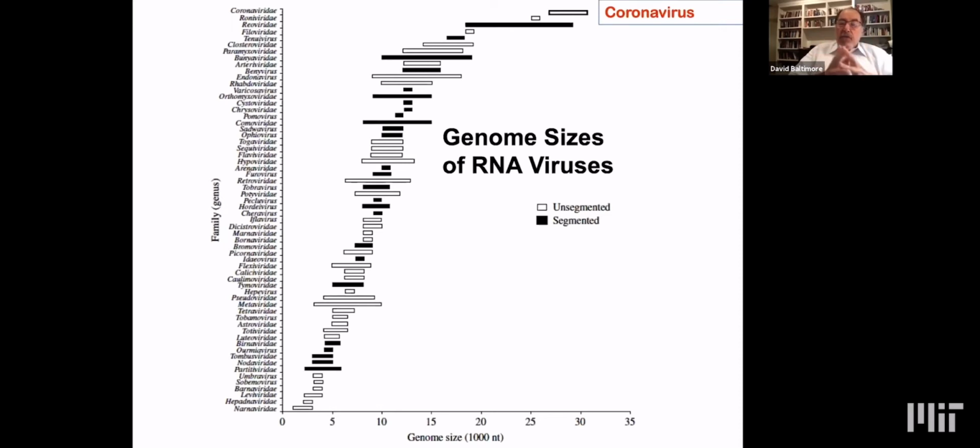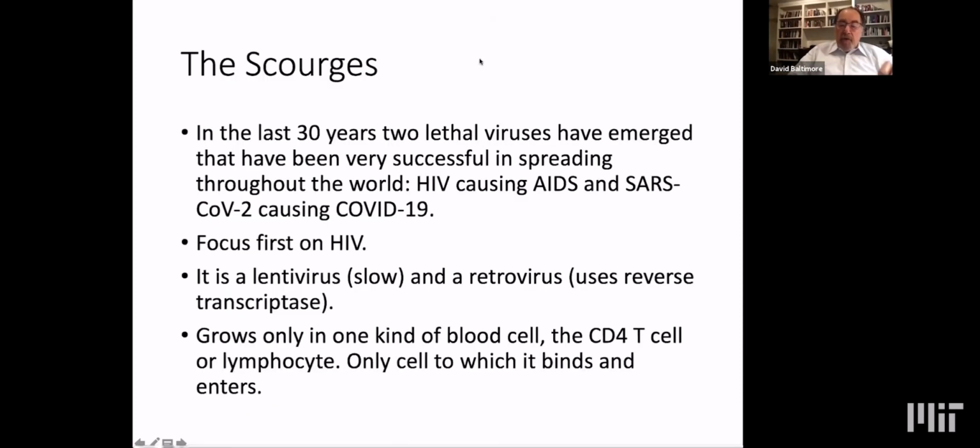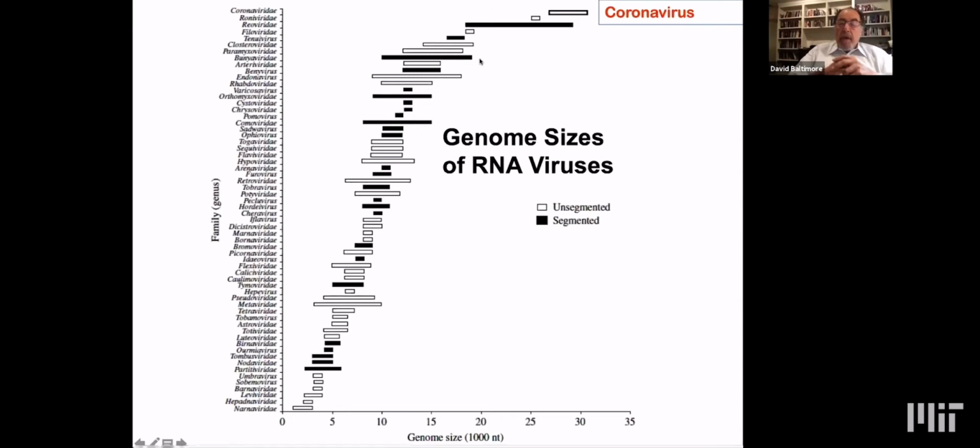So why is that true? It's true because the polymerases that make viruses are error prone, all of them. And the error frequency is about 1 in 10,000 nucleotides. So if a genome is 10,000 nucleotides long, or maybe up to 20,000 nucleotides, then the number of mutations is not so great per genome, 1, 2 mutations per genome.